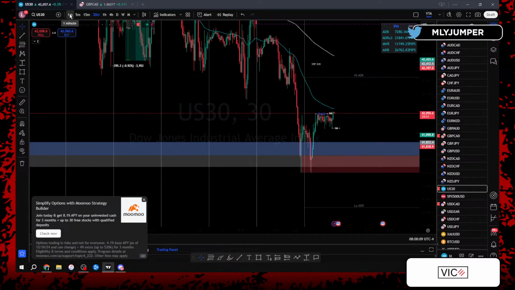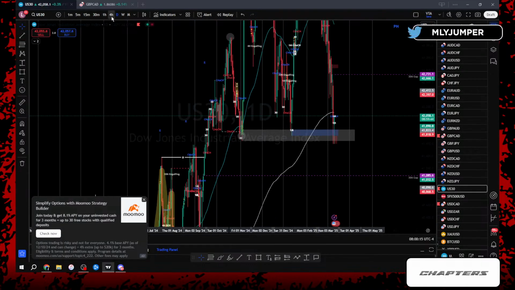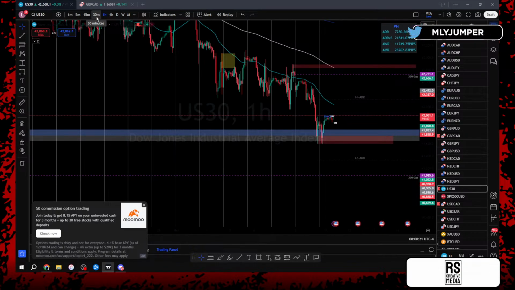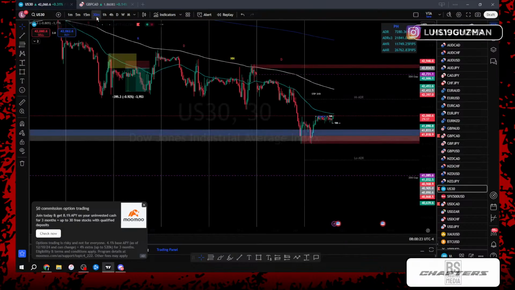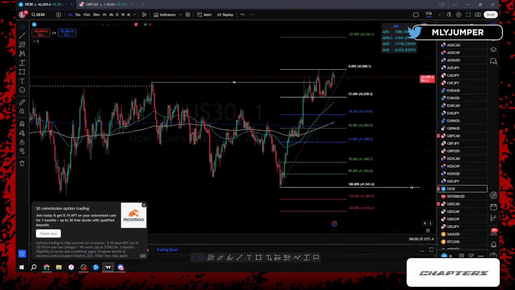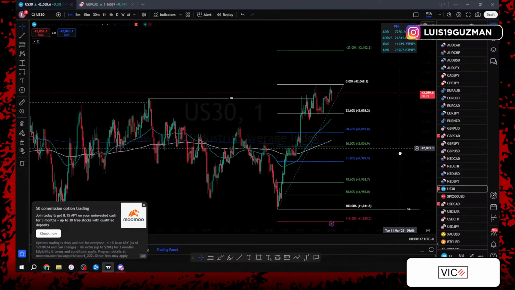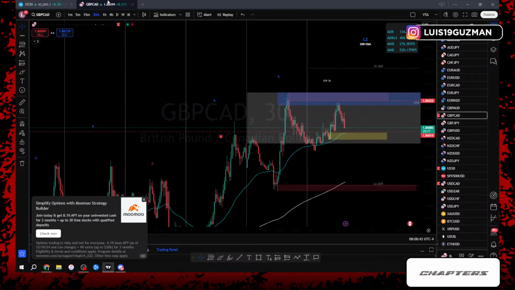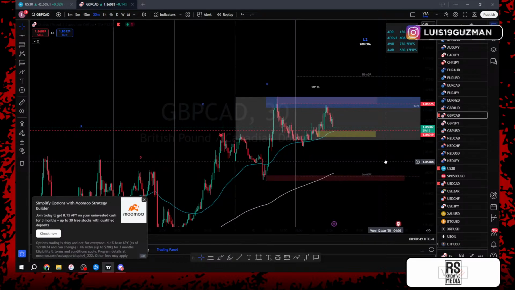Plus, we got that gap too, so this would be a good inducement of the lows, the inducement of the daily lows and the 4-hour lows. Right, we had the exhaustion candles, and then lower time frame. After the inducement of the lows, we had a change of character, break of structure on the 1 minute time frame. So I'm looking for a 1 minute pullback before we continue to push to the top side. And then once we get that pullback, that's what I'll be looking for the trade. If we get a pullback. And then GCAD, I'm looking for that pullback into the engulfing as well.